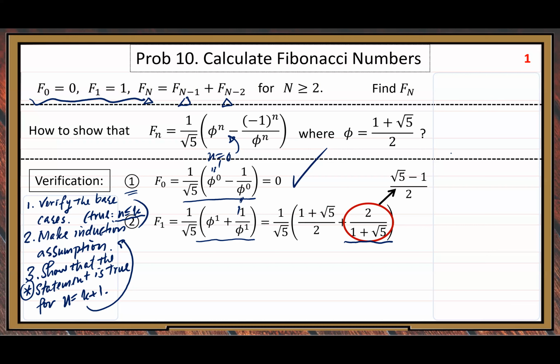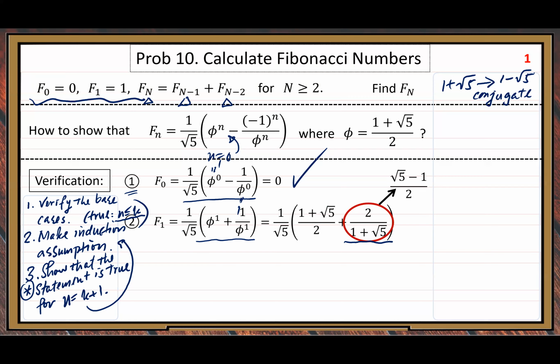What's the conjugate? 1 plus root 5 is an irrational number; its conjugate is 1 minus root 5.